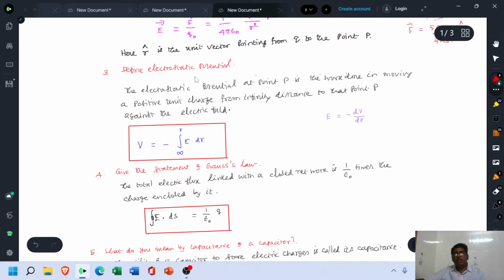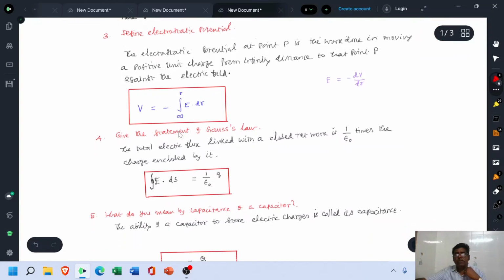The third question is define electrostatic potential. You know that electric field is the negative gradient of potential. So V equals minus integral of E dot dr, with limits varying from infinity to r. Say the work done in bringing a unit positive charge from infinite distance to a particular point against the opposing force or electric field is called the potential at that point.